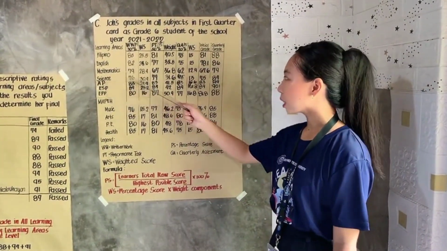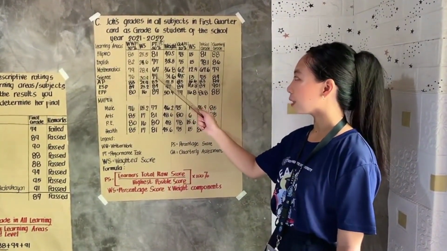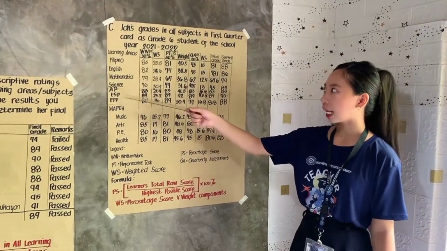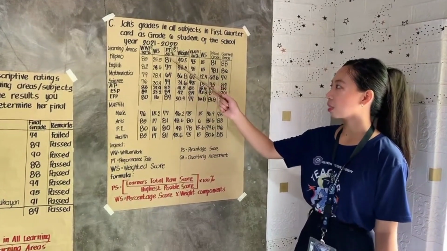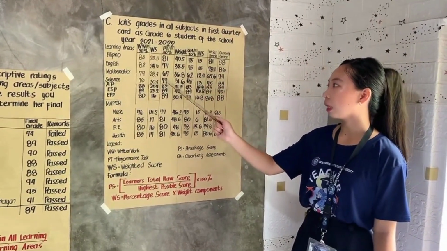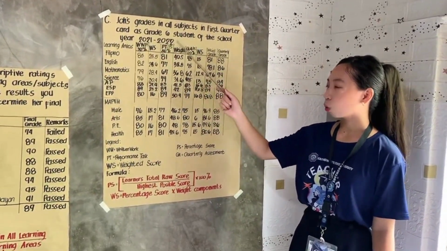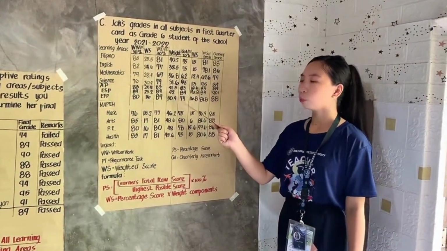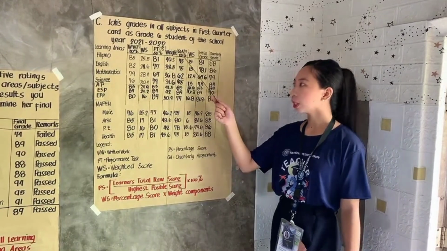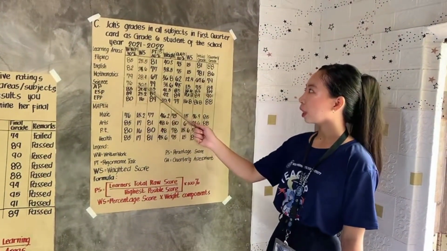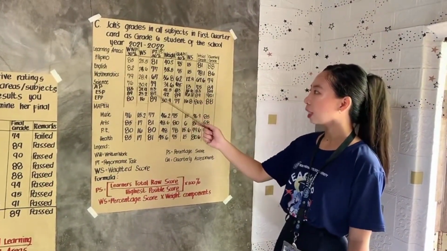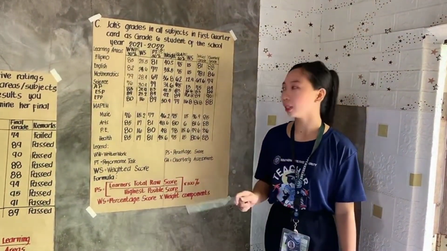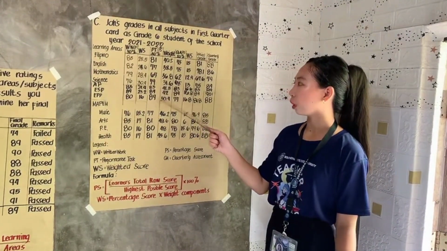In Science, the performance task that he got is a 79 percentage score, multiplied by 0.50, he got 31.6 as a weighted score. And in Araling Panlipunan, in performance task, he got 83, multiplied by 0.50, he got 41.5.